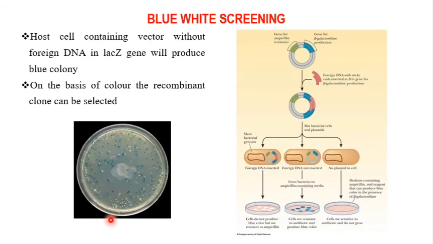That means the white colored colony is a recombinant clone, and the blue is an unrecombinant clone. Blue does not contain the recombinant DNA, and white contains the recombinant DNA.